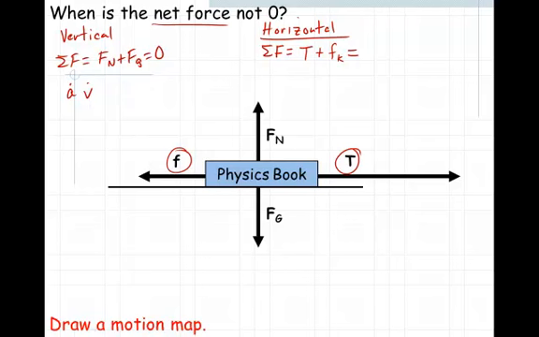According to Newton's second law, it would actually be equal to ma, the mass times acceleration, and that would be the mass of the physics book and the acceleration of the physics book.